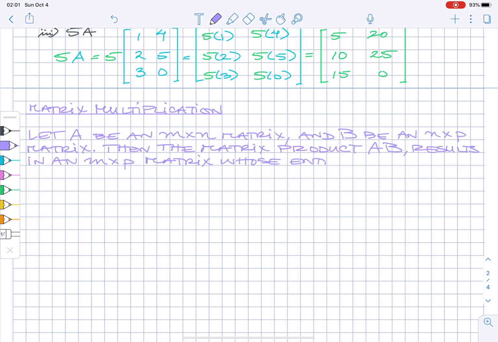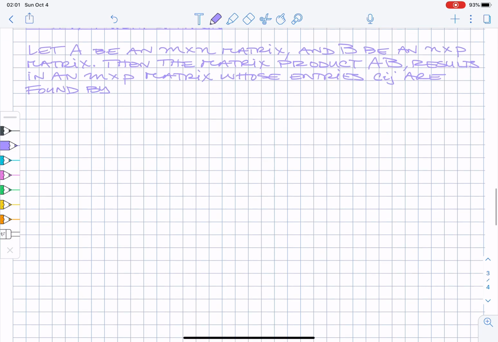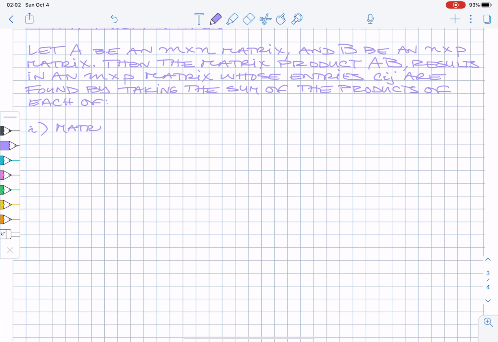whose entries C sub ij are found by taking the sum of the products of each of, number 1, matrix A's row i with number 2, matrix B's column j.